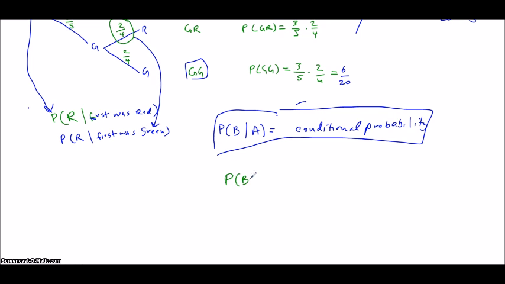So the way we're going to see that can happen is if the probability of B given A occurring turns out to be the same as the probability of just B occurring, we're going to call that situation independent. It means A and B are independent. One does not influence the probability of the other. So this will be our definition of whether two events are in fact independent.